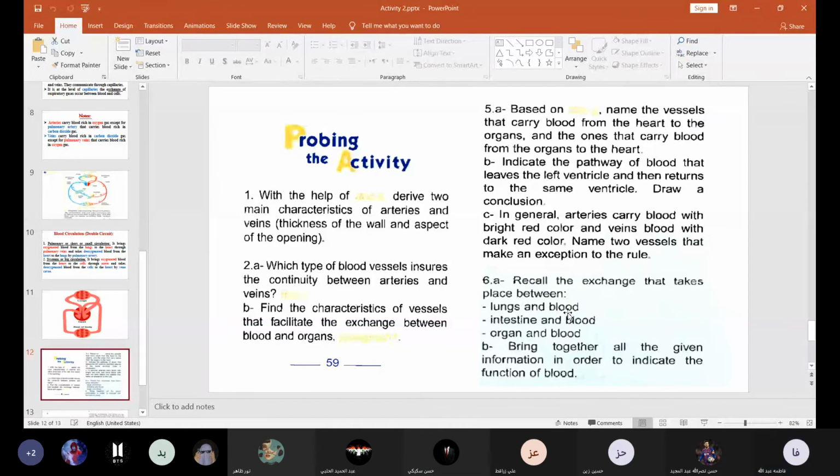Right. Now between the organs and the blood: the organs give the blood CO2, and the blood gives them O2 and, in addition, the nutrients.